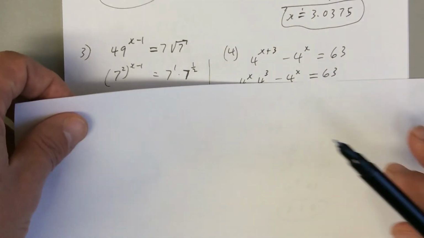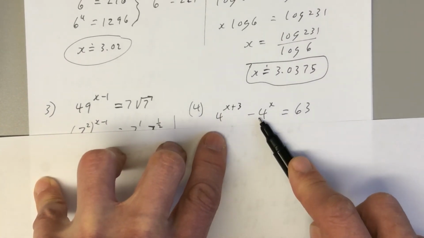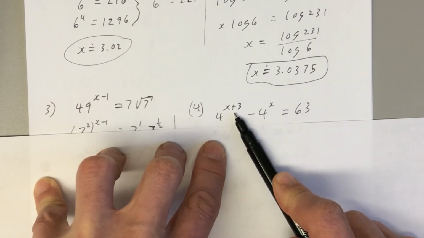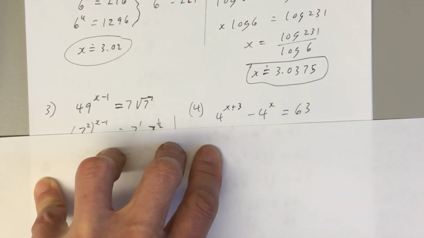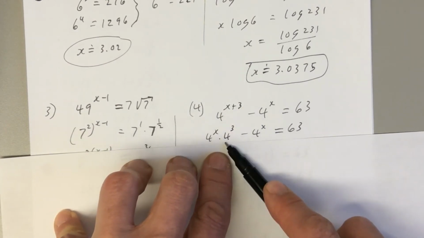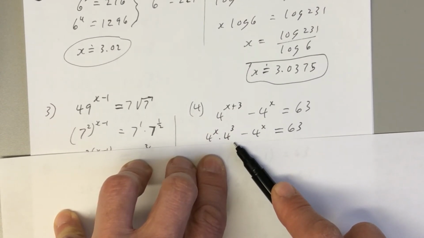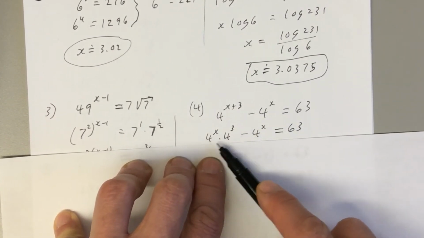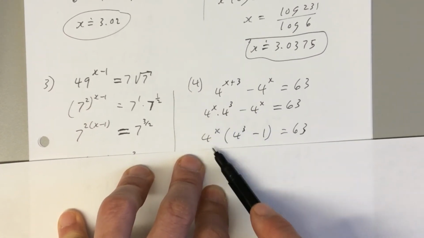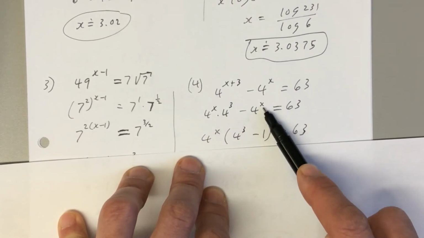And there's this equation here. 4 to the x plus 3 minus 4 to the x equals 63. What we need to do here is look at some exponent laws. 4 to the x plus 3 can be written as 4 to the x times 4 to the 3. When you multiply the same base, you add the exponents, so it's just going backwards from that. Now I can factor out a 4 to the x on the left side, since 4 to the x is a common factor. 4 to the x times 4 to the 3 is this one, 4 to the x times minus 1 is that.